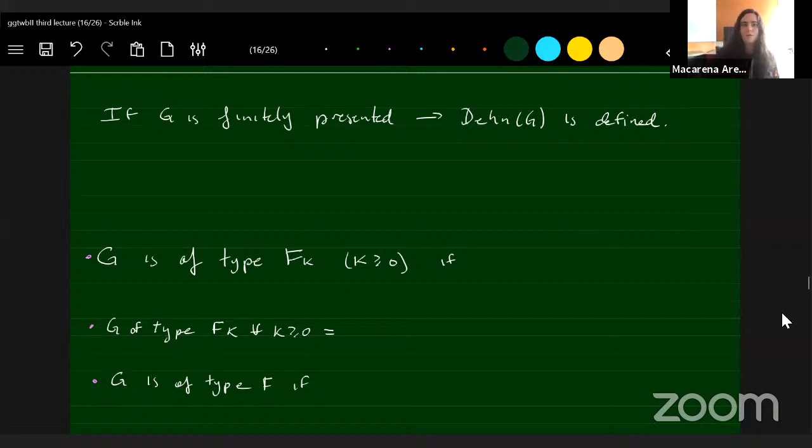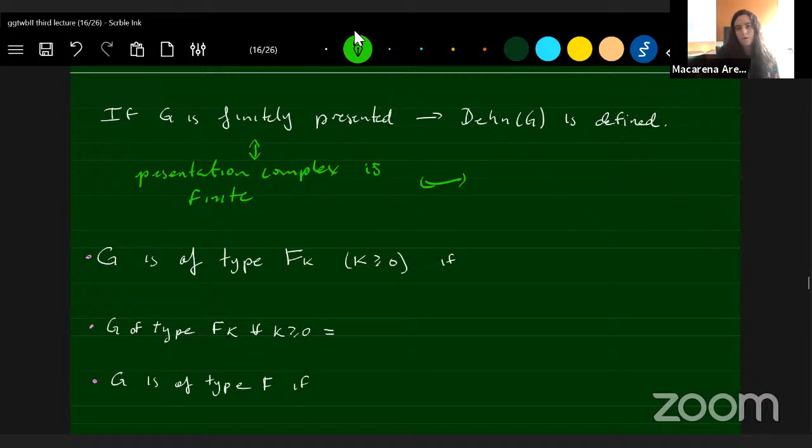If a group is finitely presented, then its Dehn function is defined. We have discussed this. And if a group is finitely presented, then its presentation complex is finite, is compact. So it has finitely many 2 cells. And this is equivalent to something that is called being type F2. So let me define in general what it means for a group to be of type Fk.